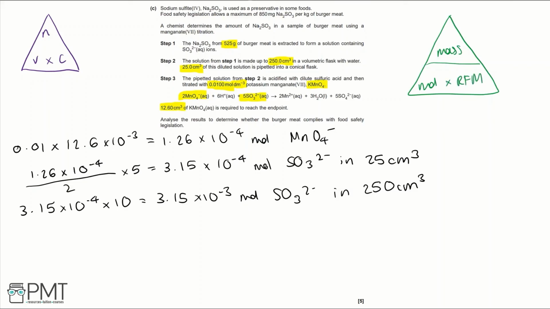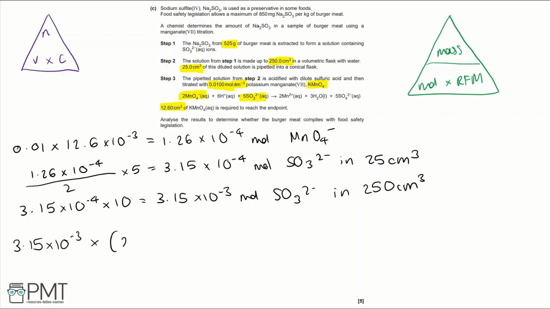So we've already got the moles, which is 3.15 times 10 to the negative 3. And then we want to multiply by the relative formula mass of this sodium sulfite, so Na2SO3.